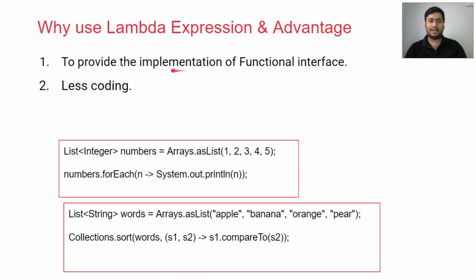So that is a lot of code. With lambda expressions it's very easy to write, very short, and you don't have to write lots of lines. You can write one or two lines of code and your problem will be resolved. Okay, so that is the first benefit.